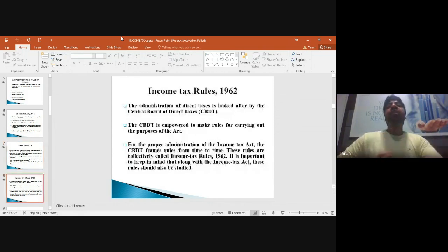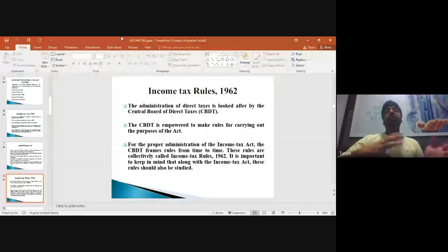The next one is the Income Tax Rules 1962. When we talk about the rules, we talk about the rules pertaining to the Central Board of Direct Taxation or the Central Board of Indirect Taxation and Customs. Whatever the administration and policies made related to such tax rules pertaining to income, the rules that follow are the Income Tax Rules 1962.